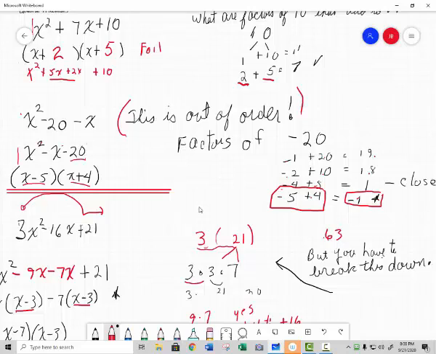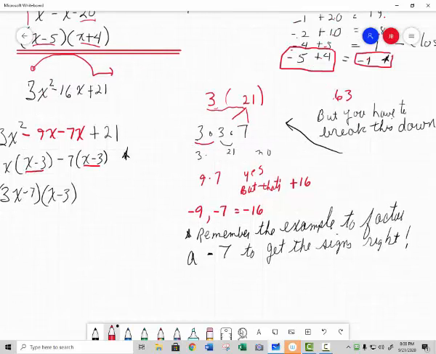See if I can group a couple of them. If I group just the 3 and 7, that's 3 times 21. Well, that doesn't work. But what if I group these two and the 7? Then I'll have 9 times 7.